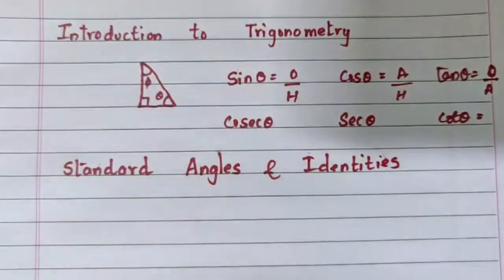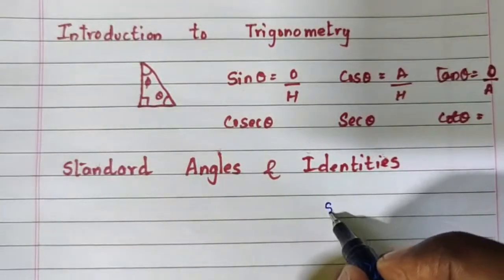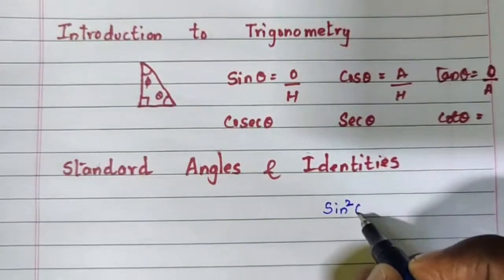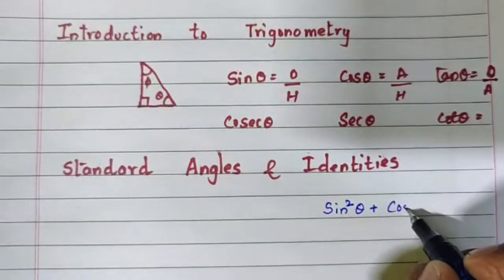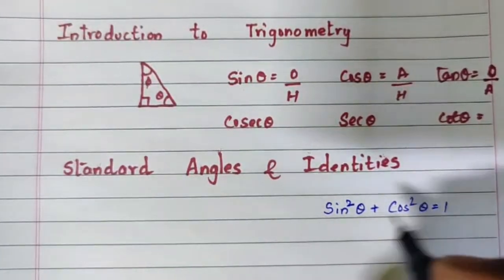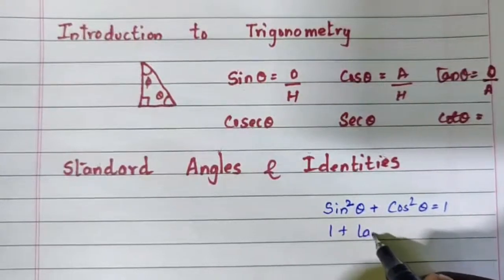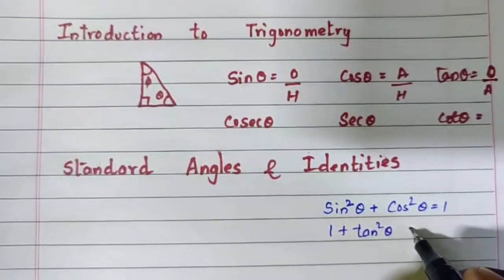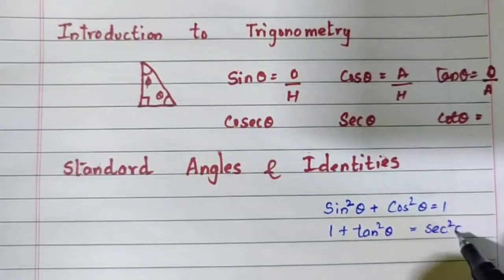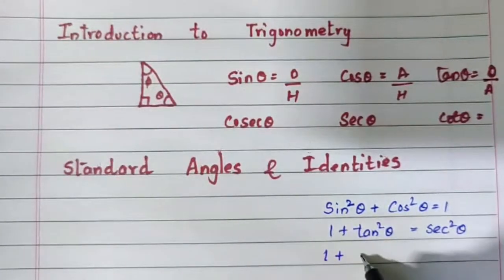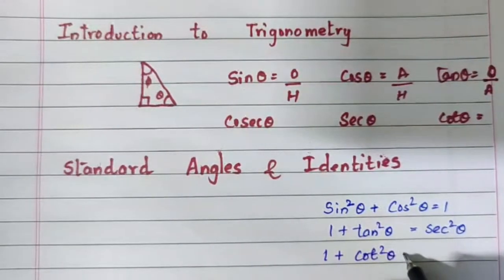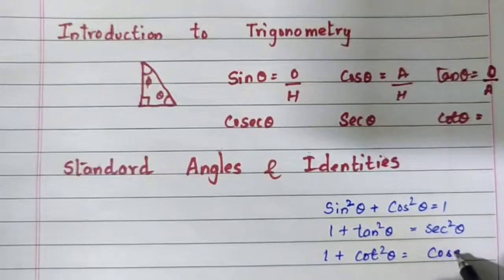Based on standard angles and identities, how many marks will be there? 3 mark question will be there. What are the 3 identities we have? Sin square theta plus cos square theta equals 1. 1 plus tan square theta equals secant square theta. 1 plus cot square theta equals cosecant square theta.